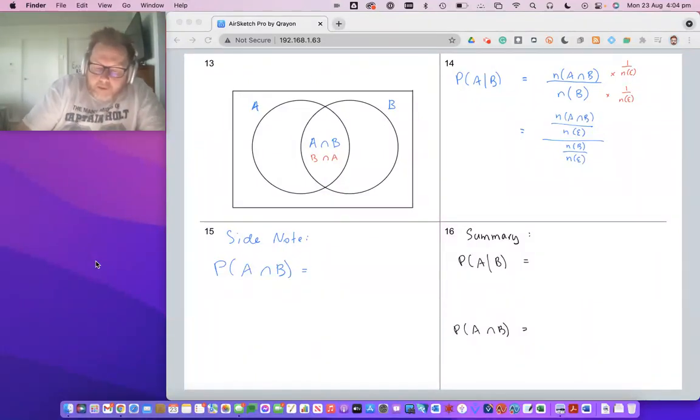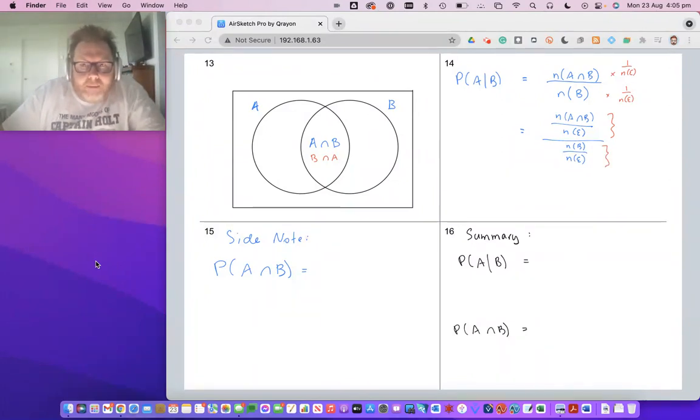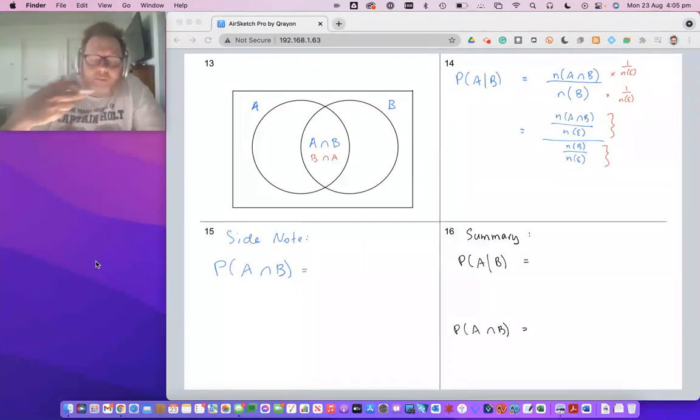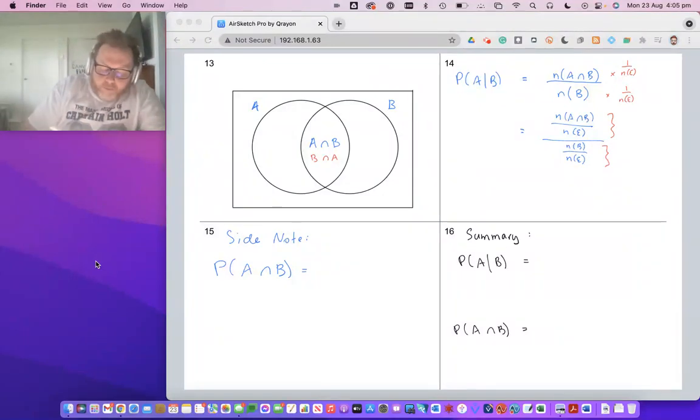So here we've got one fraction that you should be able to identify. We can simplify that to a probability phrase. And here we've got another one. Maybe pause the video and think about it. What is that top part of the fraction called? What is the bottom part of that fraction? Don't say numerator and denominator. I mean, what probability does it represent? Did you get this? Hopefully you paused the video.